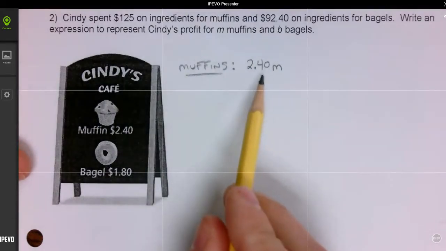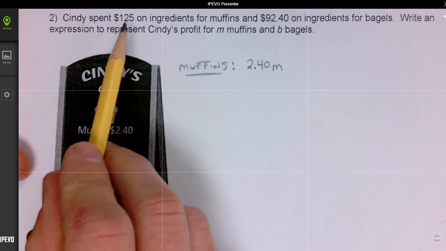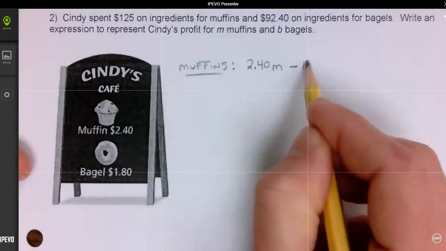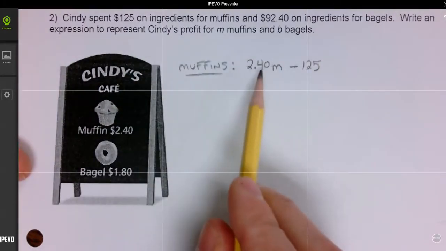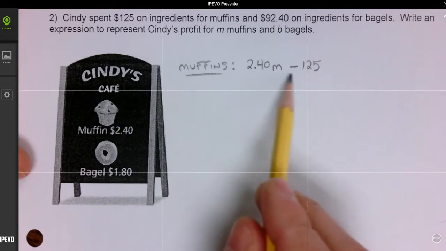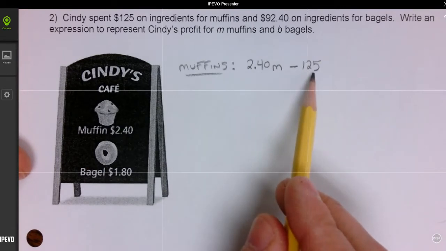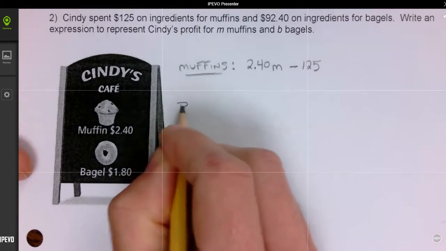This would represent the amount earned by selling the muffins, but we have to subtract the amount that she spent on the ingredients for the muffins, which was $125. So you take the amount that she earns for selling the muffins and subtract off the ingredients, and what's left over would be her profit. So this expression represents the profit for selling M muffins. For bagels, we're going to do something similar.